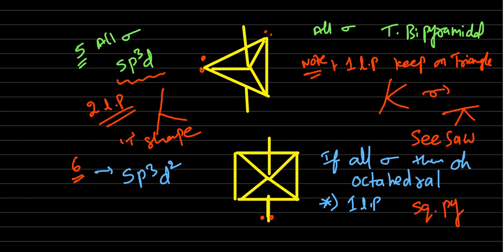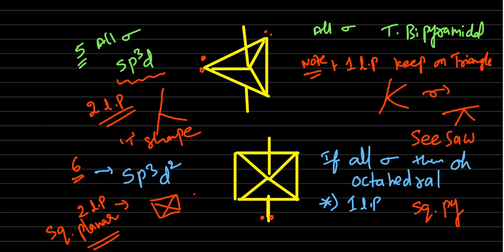Keep one above and one below. Then your geometry is just a square, so the geometry is square planar. When it is square planar, the total is 6 and the hybridization is sp3d2. If it has two lone pairs, then your geometry is square planar.